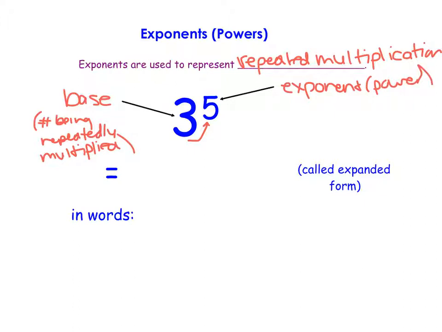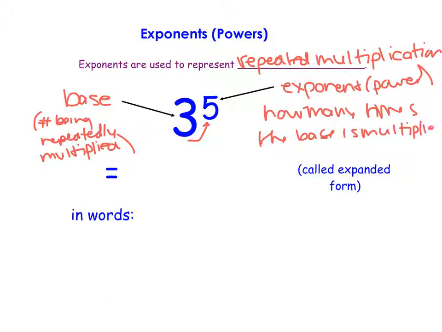And it basically says how many times the base is multiplied by itself. So what this exponent problem is actually saying is take this base of 3 and multiply it by itself 5 different times.